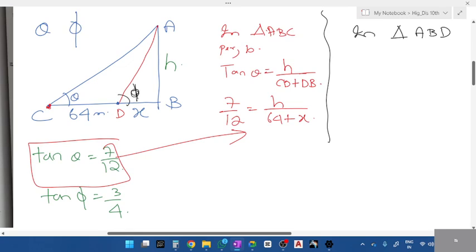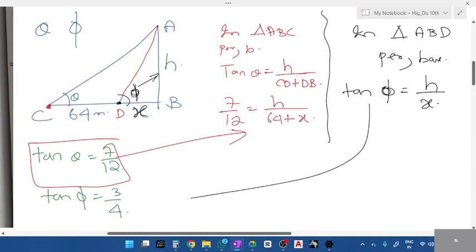Which angle is given? From angle D, we have to again find height, right? Height, perpendicular, and what is this DB, student? DB value is given as x. Yes. Again, which formula do we use? Tan. Tan phi is equal to H divided by x. What is tan phi given?